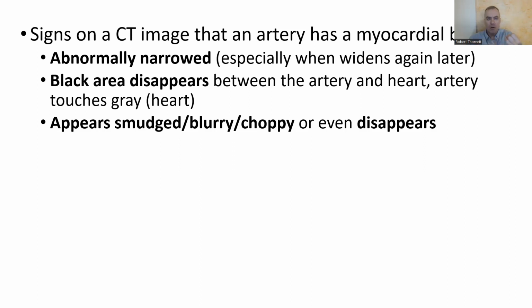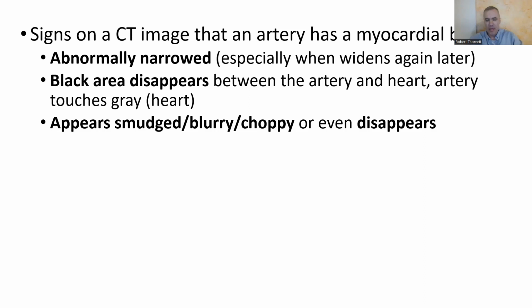One of them is that the artery will be abnormally narrowed. Just common sense, because it's getting squashed inside the bridge, so it's going to be narrower in that section. It's like the tunnel for the garden hose: it goes like this, and then suddenly it's half that size. You may wonder, how do I know it's not just a natural narrowing as the artery continues down?